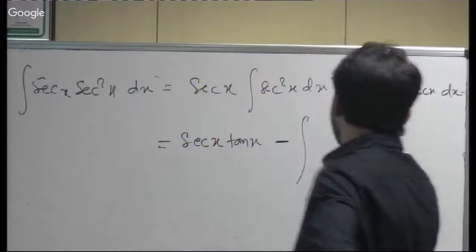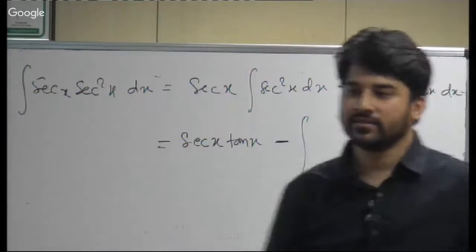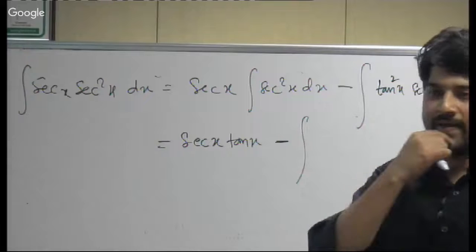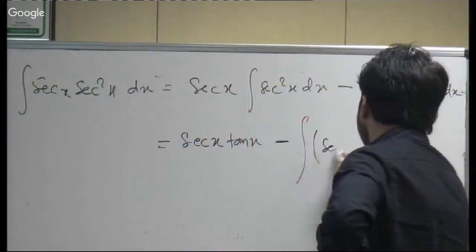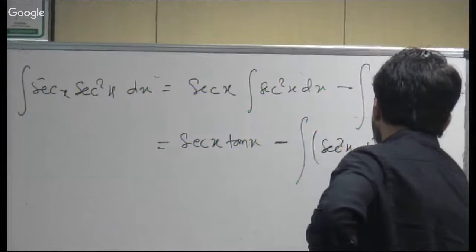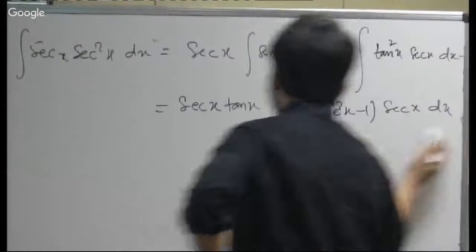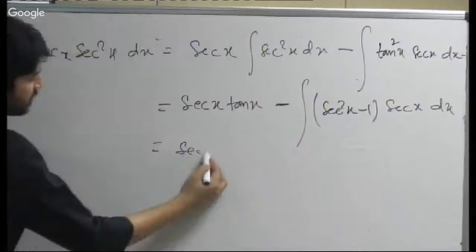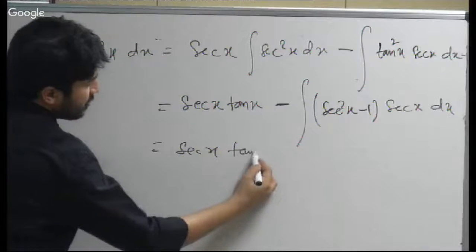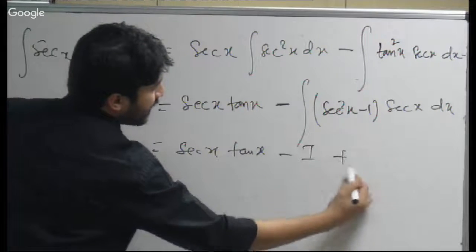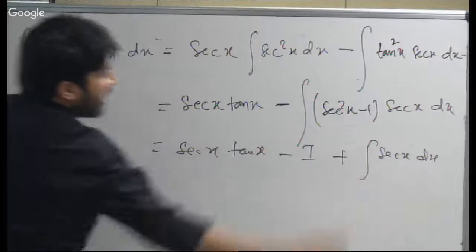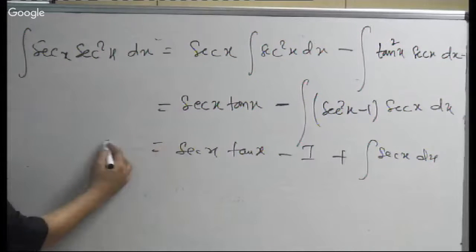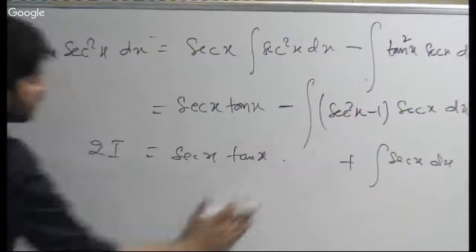Now, minus, how to handle tan square x? Sec square x minus 1. So I'm going to write this as sec x tan x minus I plus, I can easily handle this. So 2I becomes this.